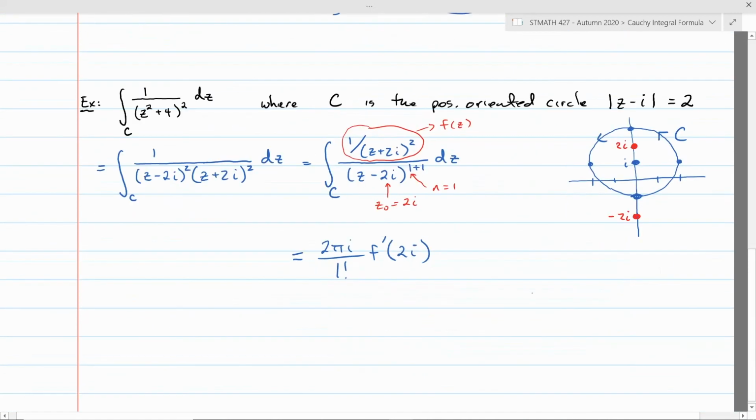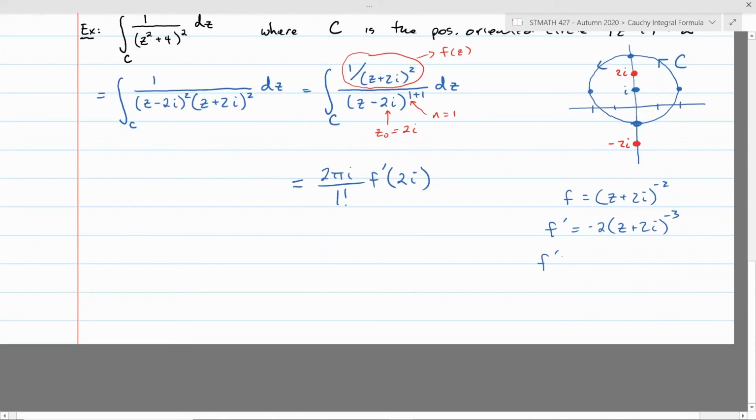And so just real quickly, if f of z is 1 over, well, our original function f, I'm just going to write it as z plus 2i to the negative 2. So f prime is, just do the power rule, so negative 2 times z plus 2i to the negative 3. So f prime evaluated at 2i will be negative 2 times 4i to the negative third power.